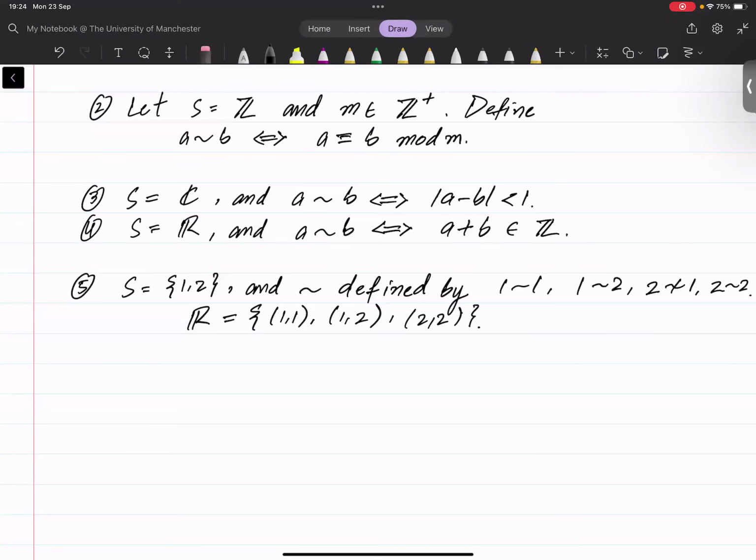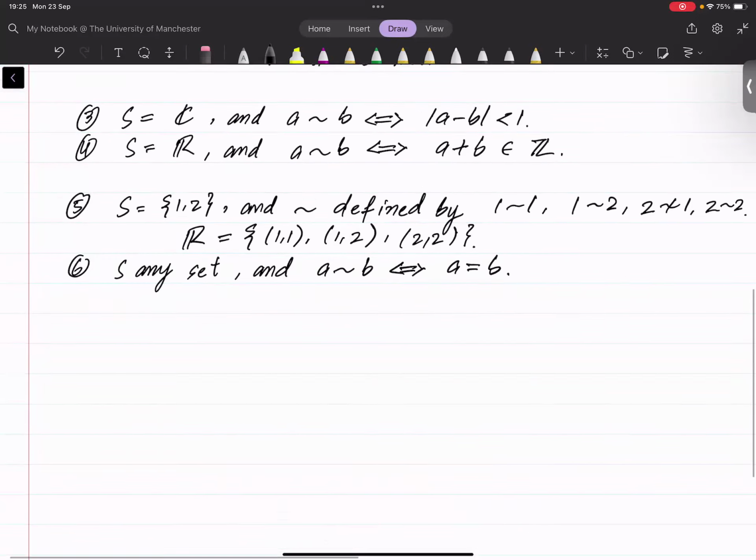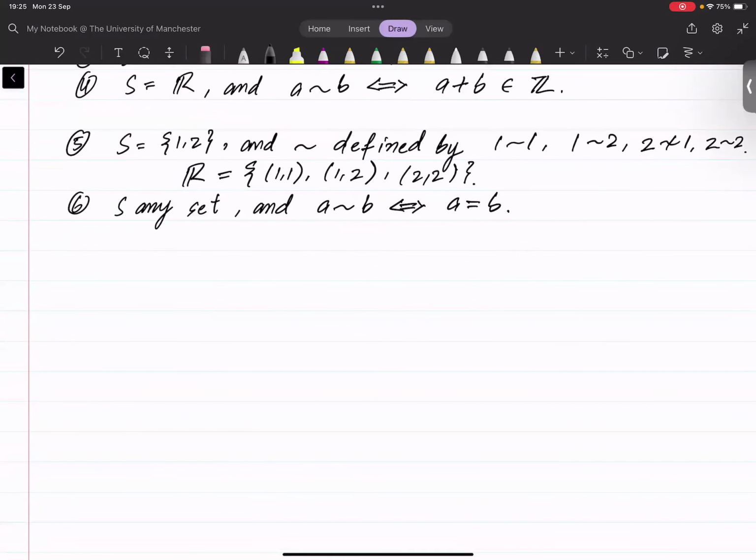And we can further give a simple one: say S could be any set, and we say that A is related to B if and only if A is equal to B. So the relations on a set S correspond to the subsets of S cross S, the Cartesian product of the set S, and there is nothing much more to say about them in general.